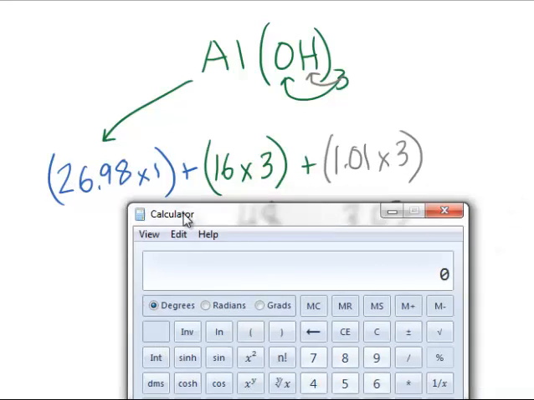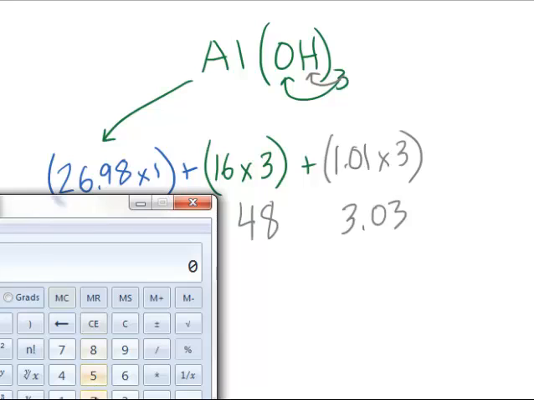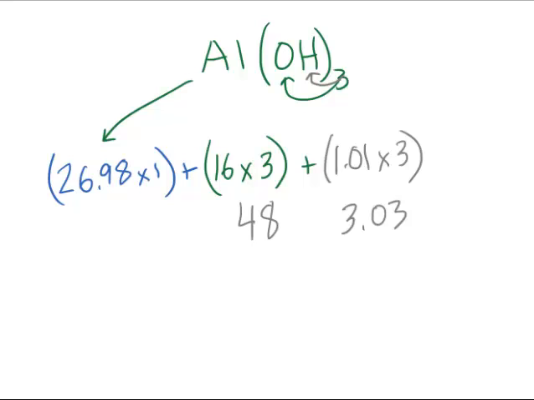So, we type this in. 26.98 plus 48 plus 3.03. And you get your answer, 78.01 grams per mole.